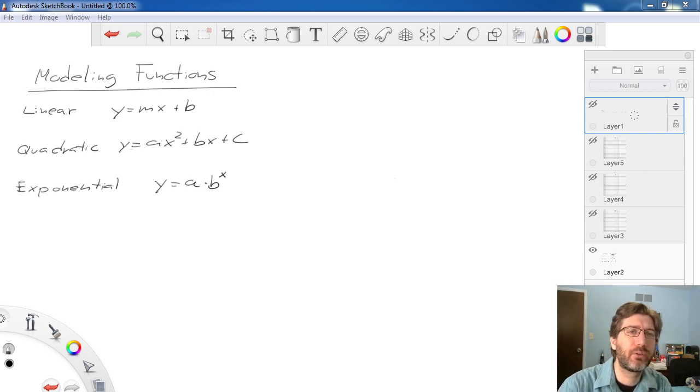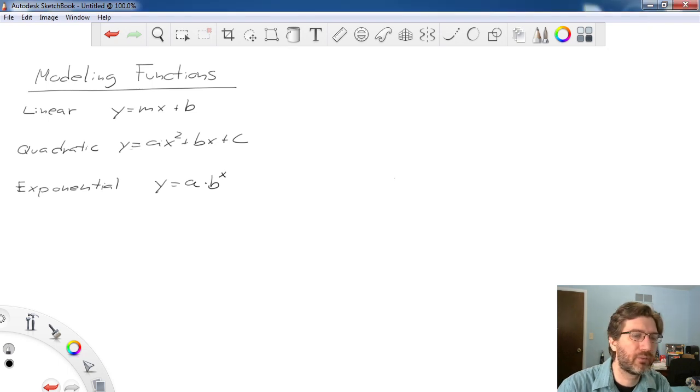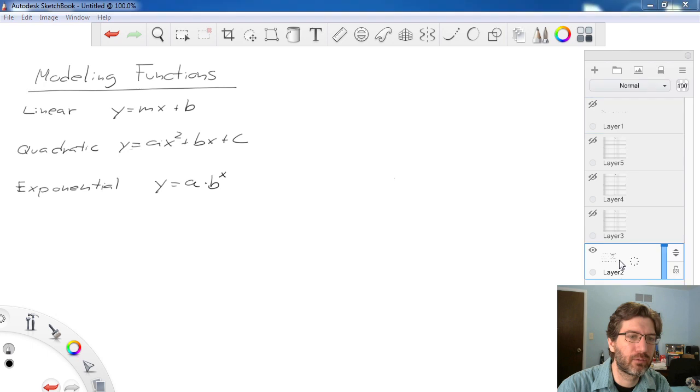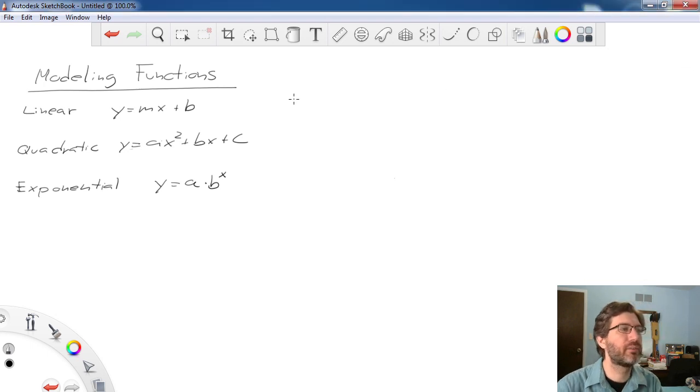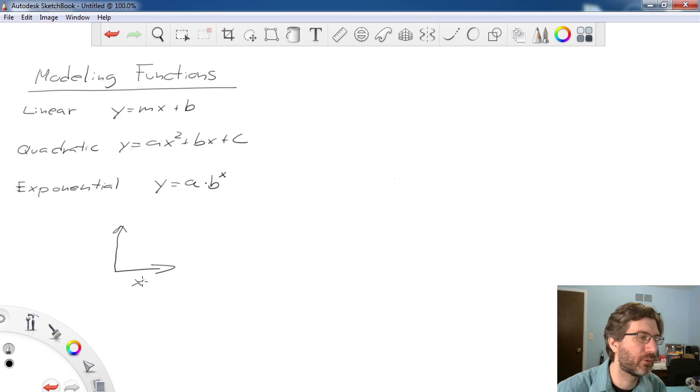So today we are going to be talking about modeling functions. What that means is, given a set of data, whether you did an experiment in science or something, you came up with a whole bunch of data points. You had your graph, you had your independent variable x values, you had your y values, you plotted a bunch of points.